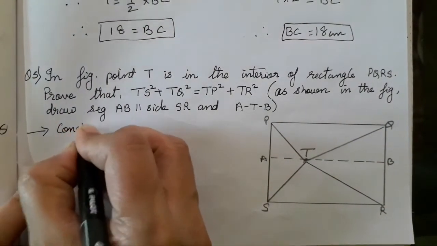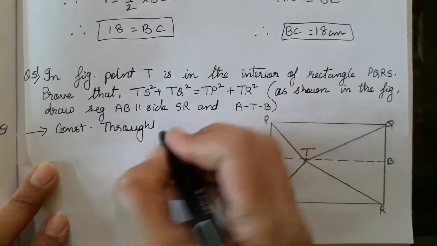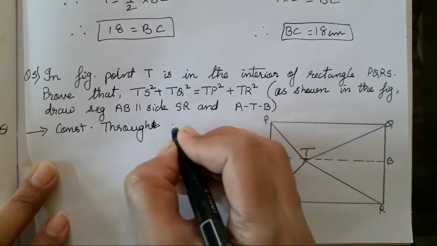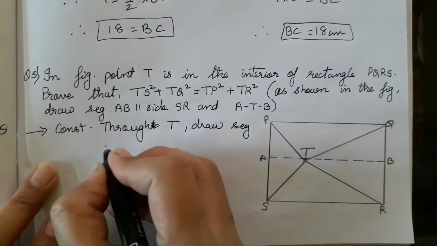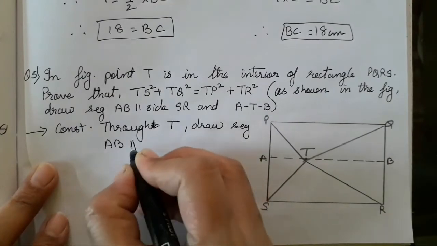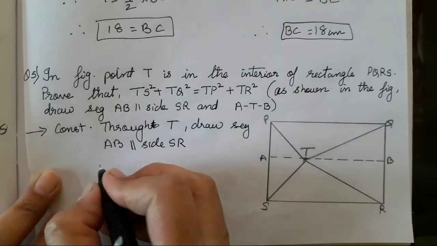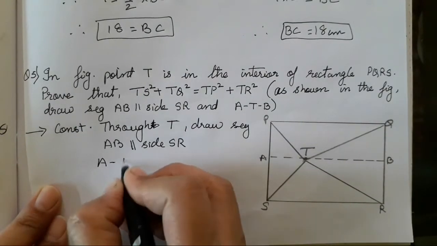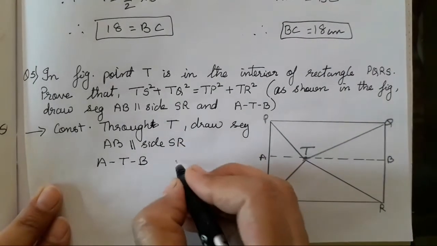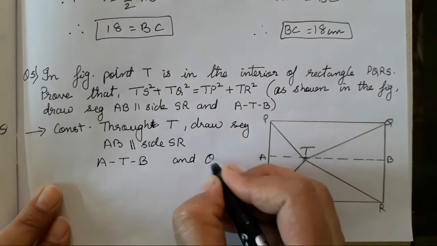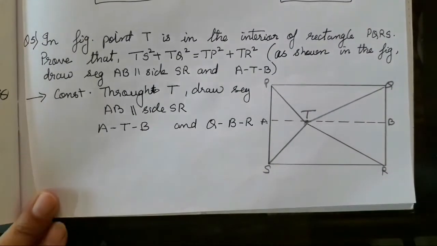Construction: through T, draw segment AB parallel to side SR, such that T is between A and B, and B is between Q and R. Got it? This is going to be your construction.